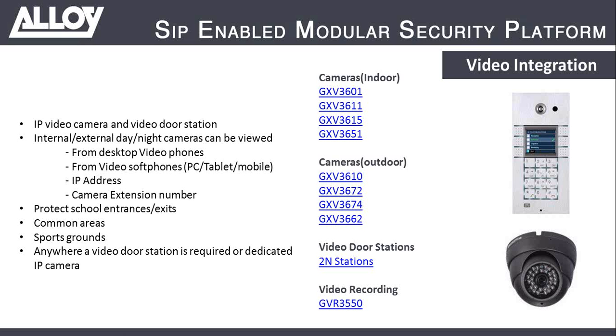Now, when we combine that with video door stations for back doors in retail, access into school buildings or to staff-only areas, we start to see a pretty complete solution. Now, 2N has brought out a range of additional products and software that we should have available in the very near future, which includes access panels and RFID capabilities.